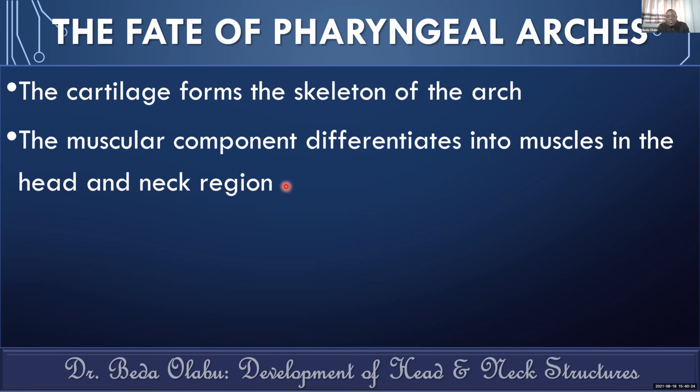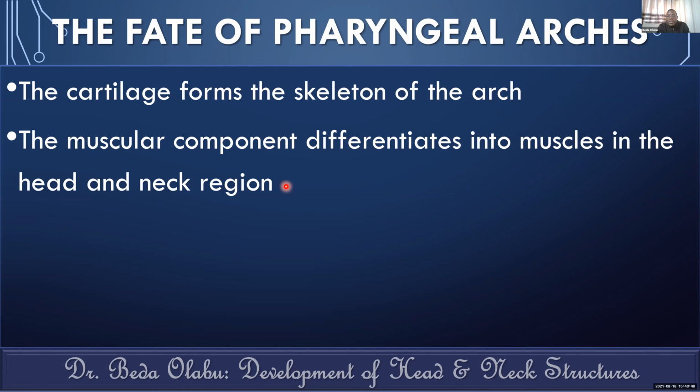not quite. There are some musculature which are not of pharyngeal arch origin, and so we can't include them here, in as much as they're still muscles of the head and neck region. For example, muscles which move the eye, they don't come from these ones. Things like sternocleidomastoid, they don't come from these ones.